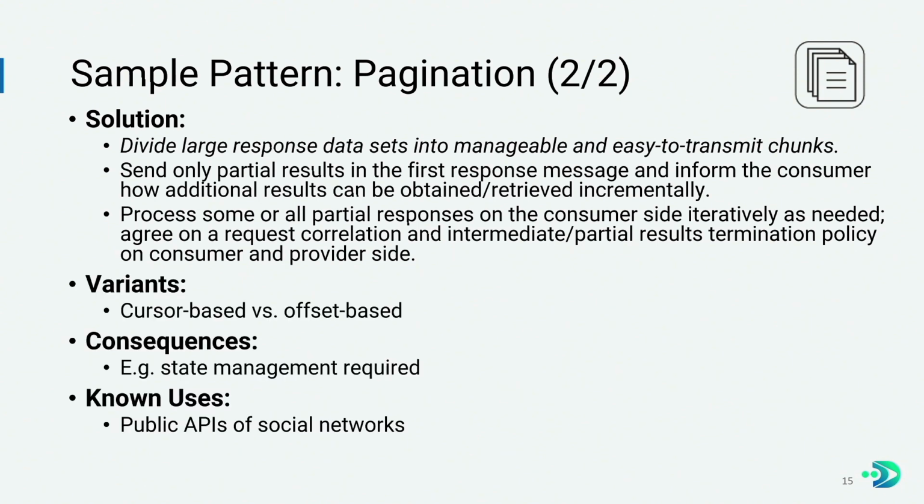Two are shown here, the cursor-based and offset-based variants, where I describe differently which page or which data to fetch next. Depending on your use case and on the data structure, there are certain performance penalties or gains which you can make by choosing either variant.